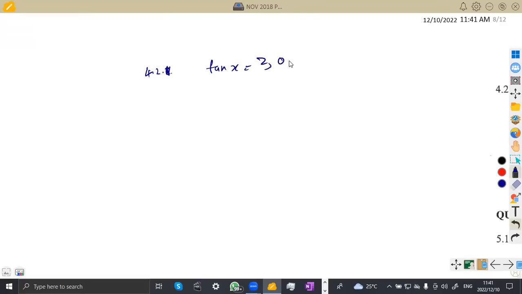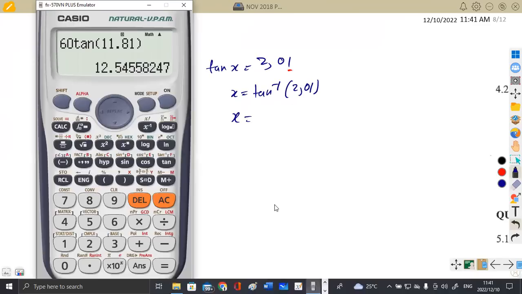Okay, so we are given that tan x is equivalent to 2.01. As we know, guys, to find x, we simply have to find arctan of the given value here. Arctan of the value 2.01, from your calculator, is simply shift tan.